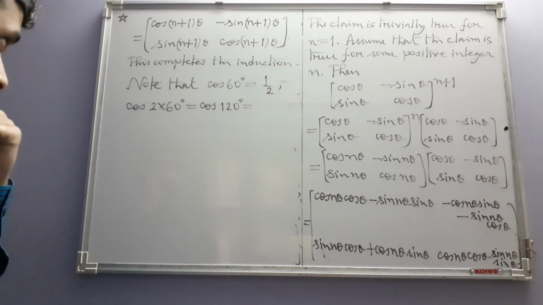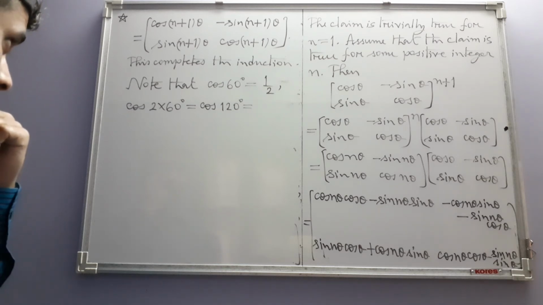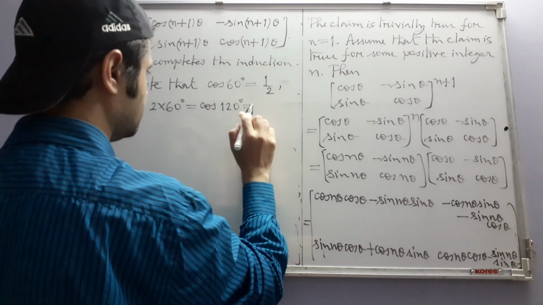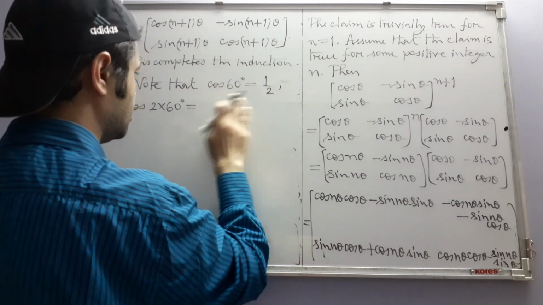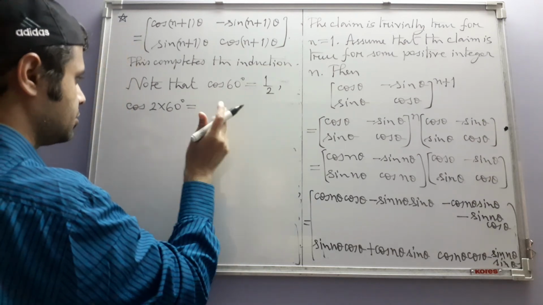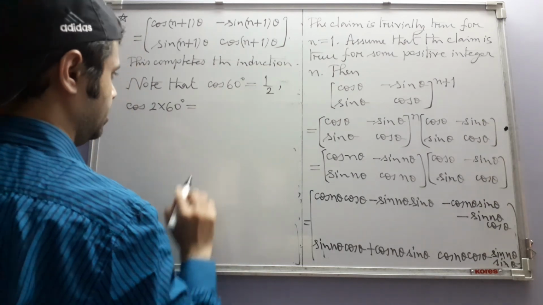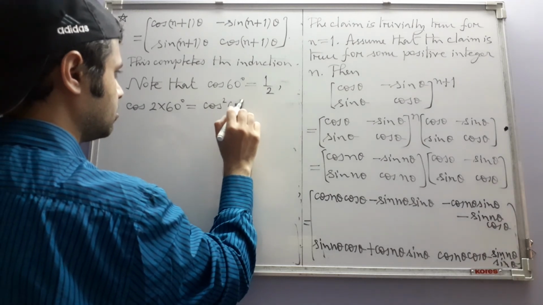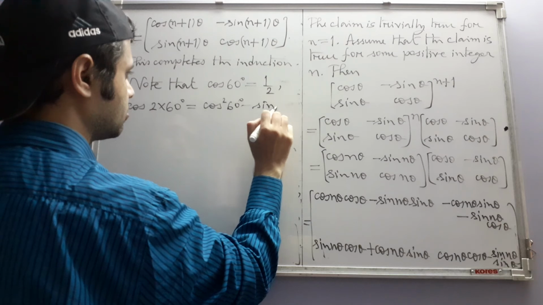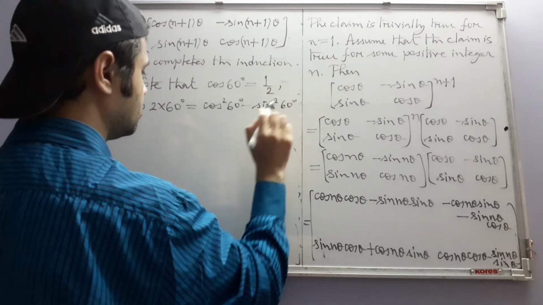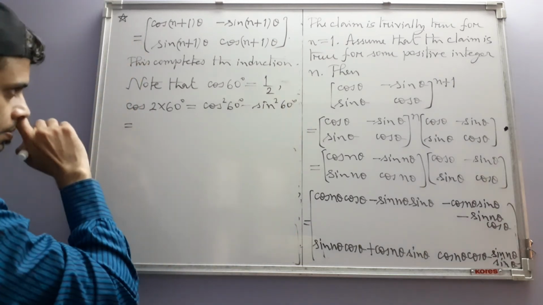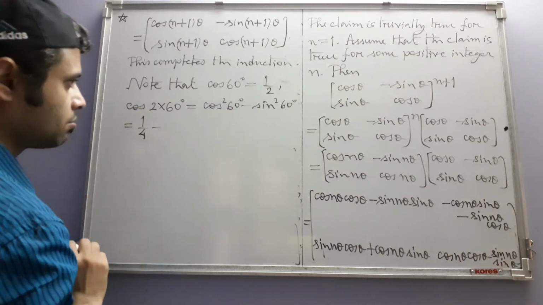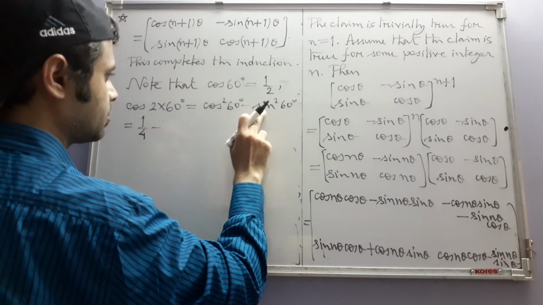So this is cos A cos B minus sin A sin B, or we can use that thing also. Cos 2 theta is cos square theta minus sin square theta.